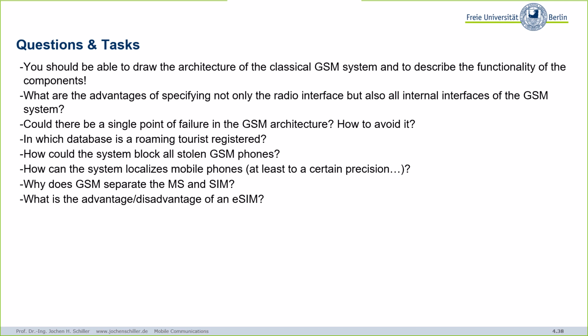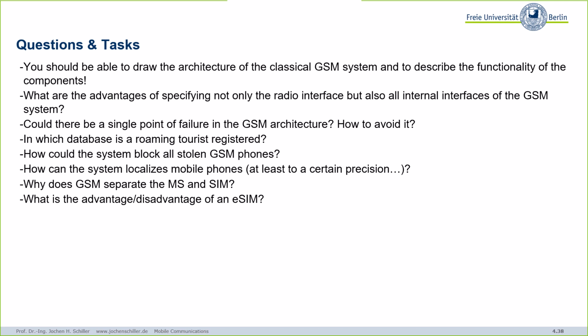So for example, in the fourth generation, we see that the base station controller and base transceiver station is replaced by one single component called eNode B with a similar functionality. But that means you should know the functionality of the base station controller and the base transceiver station. So that's the idea.